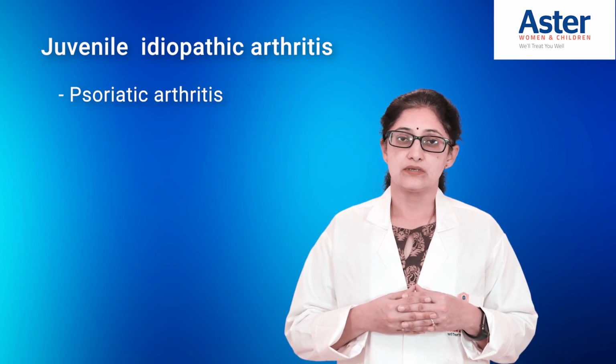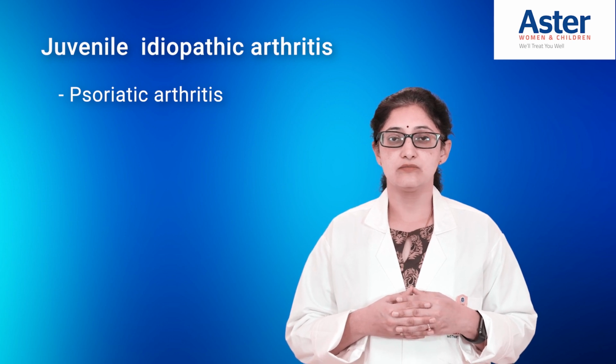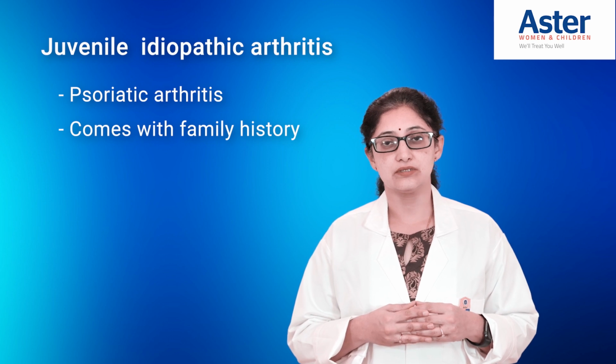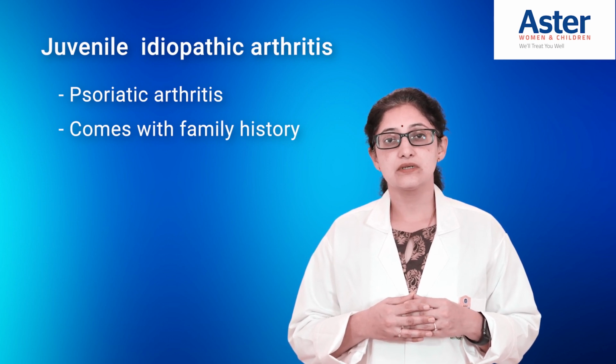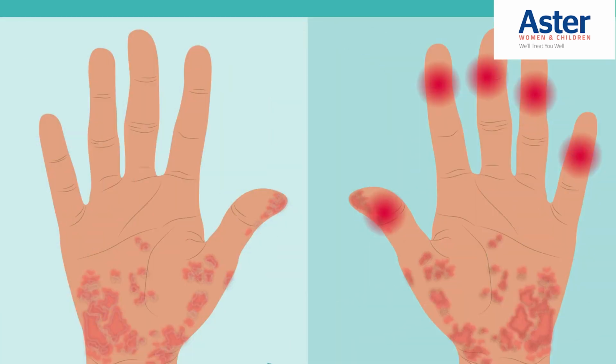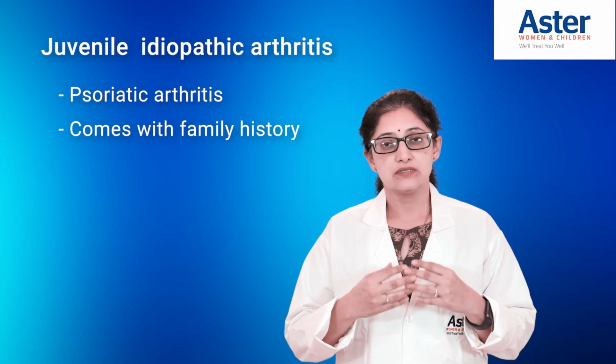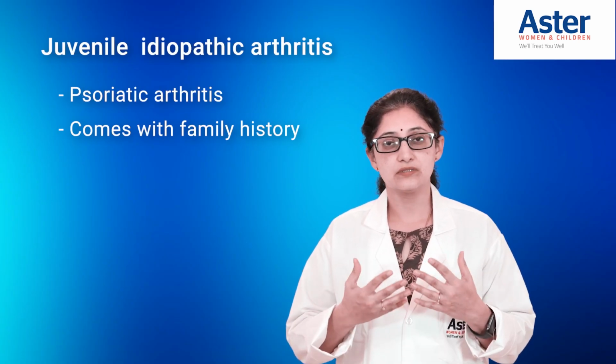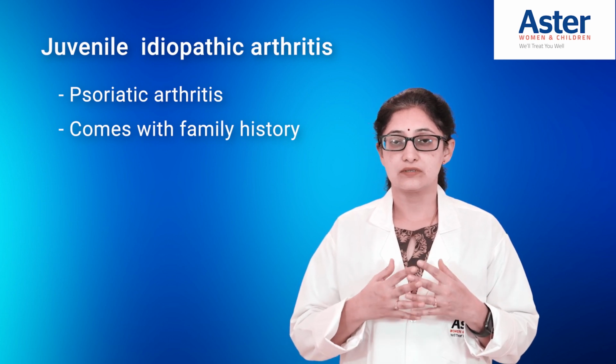There is psoriatic arthritis, which may come when there is a family history or a history of psoriasis in the child. Psoriasis is a skin condition which causes red and thickened skin along with silvery scales. These psoriatic lesions may be anywhere on the body, and psoriasis predisposes to arthritis.